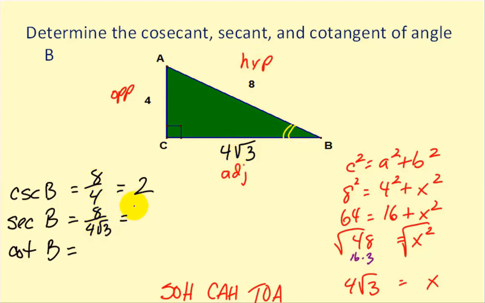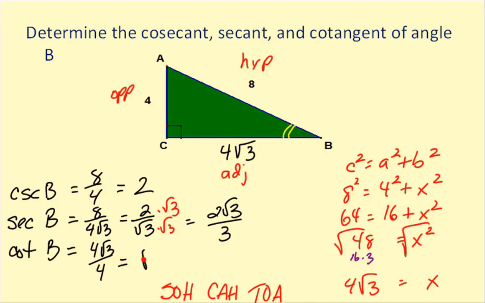Now this simplifies to 2 over square root 3. You may be required to rationalize this. This would rationalize to 2 square root 3 over 3. And lastly, cotangent is the reciprocal of tangent, so we would want the adjacent over the opposite, which would give us 4 square root 3 over 4, which just simplifies to square root 3.